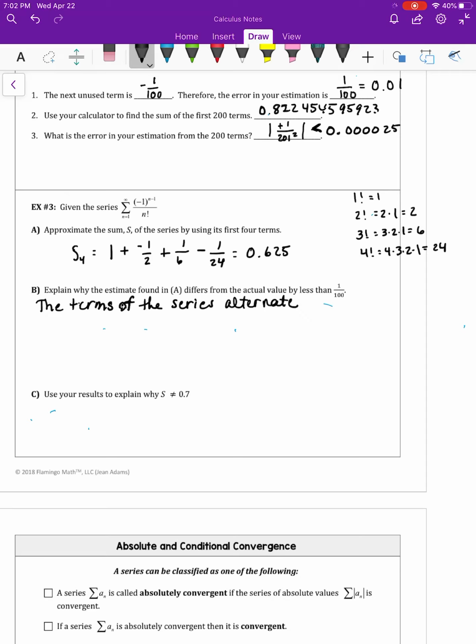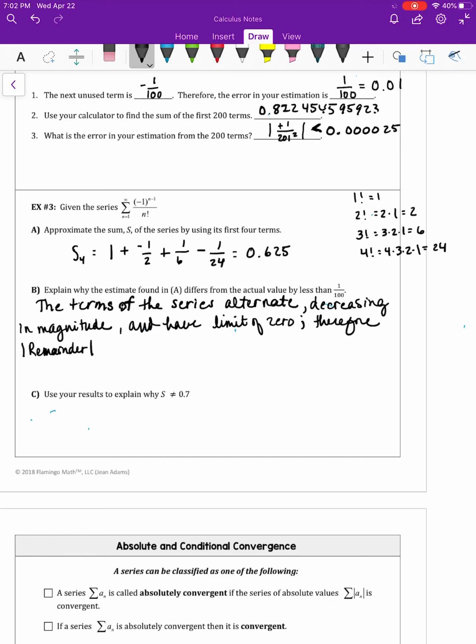So we're going to say that the terms of the series alternate, decreasing in magnitude, and have limit of 0.